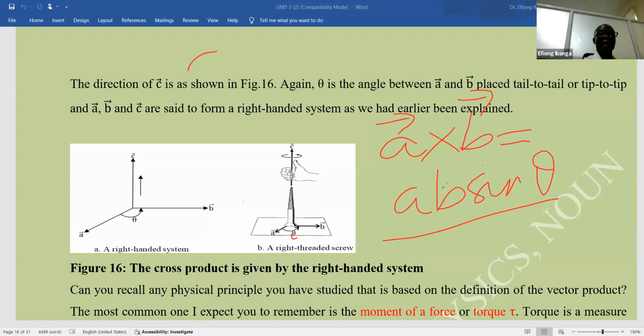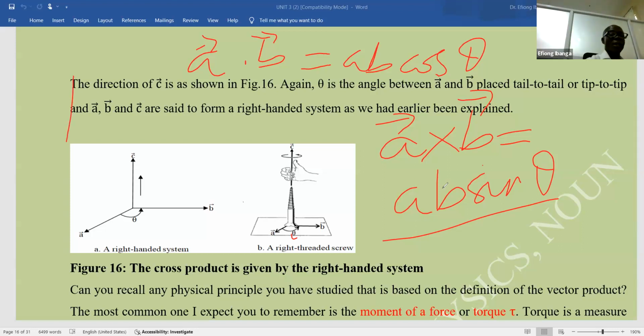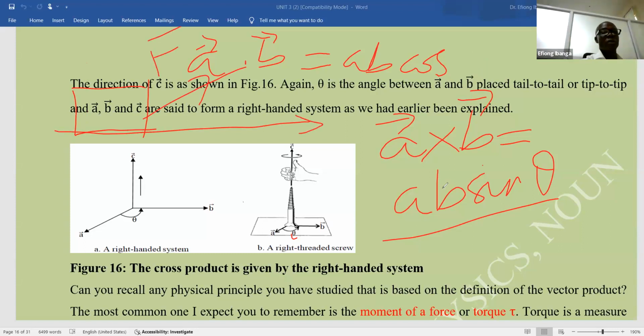You see, we have the dot product A dot B, which is A B cos theta: the magnitude of A times the magnitude of B times the cosine of the angle between them. So if I draw something like this, that represents F, and this represents the distance it has moved from here to here, S vector, and this force is making an angle theta here.